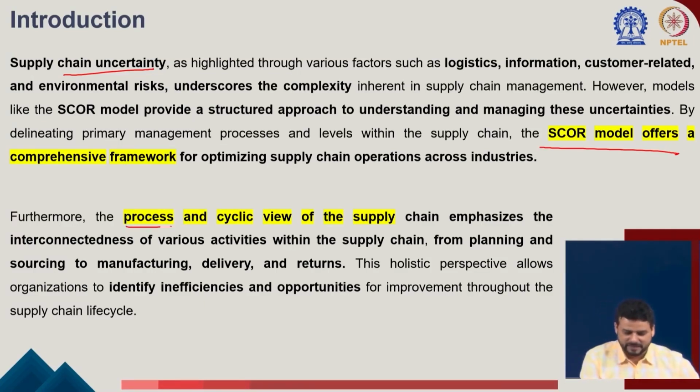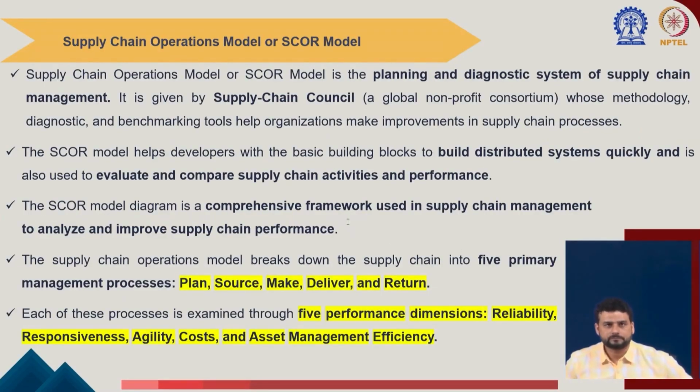The other perspective which I talked about is the process and cyclic view, where we will view all those supply chain activities as a kind of cycle of activities, right, and each cycle happens between the interaction of any two stakeholders. One cycle is between customer and distributor, distributor and manufacturer another cycle, manufacturer and raw material supplier another cycle, right. That is another perspective we will go for.